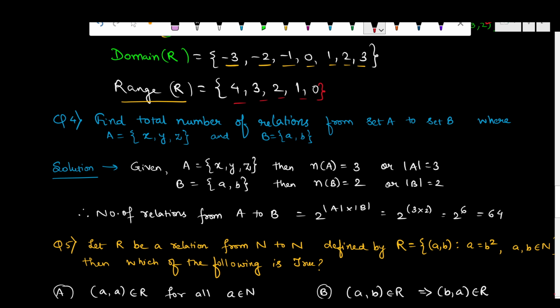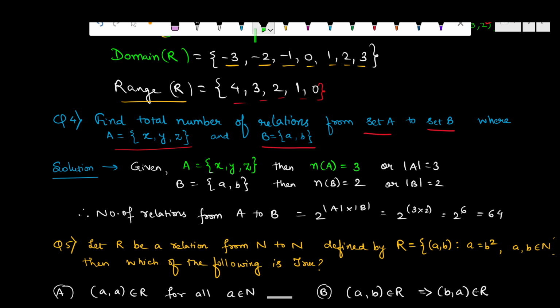Now see question number 4. Find the total number of relations from set A to set B where A is {X, Y, Z} and B is {a, b}. So given A equals {X, Y, Z}, the cardinality of A equals 3.